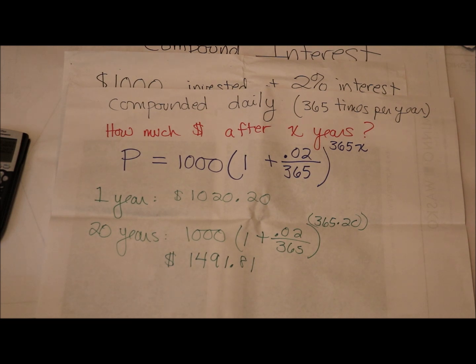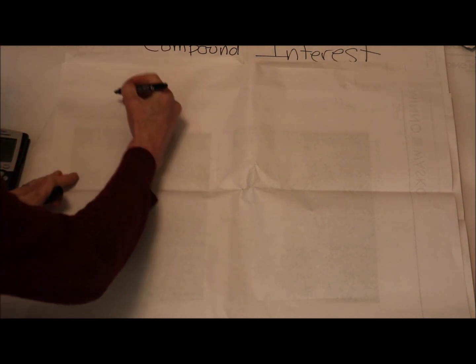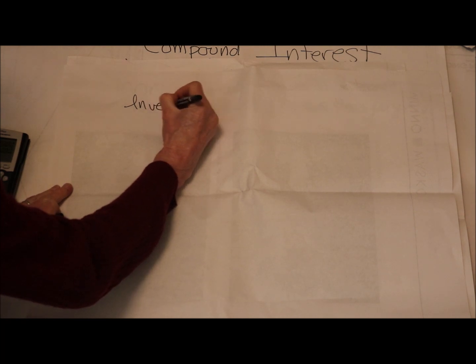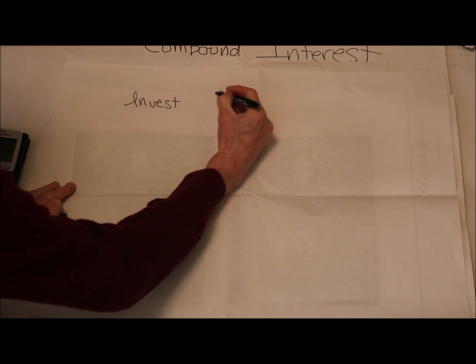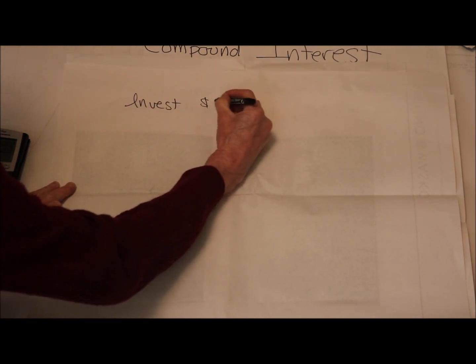So this is compound interest. And you know, it can get a little more complicated. Let's do one more, and then we'll call it a day. Let's say I'm investing, I don't know, $25,000.